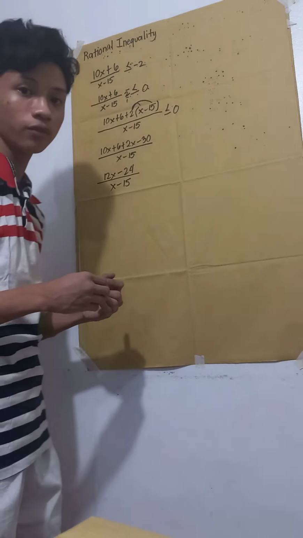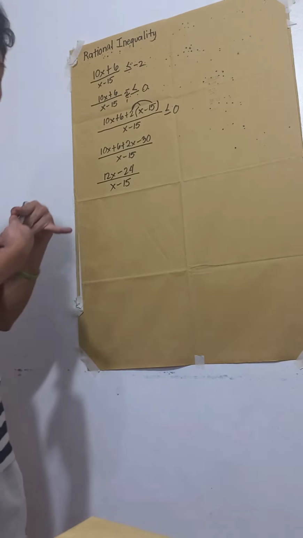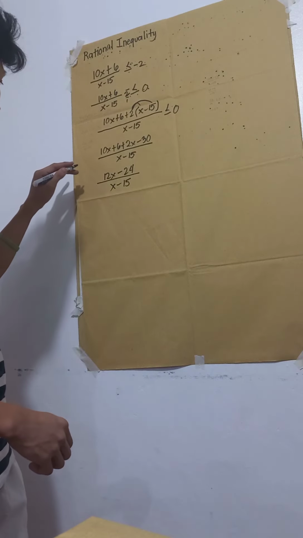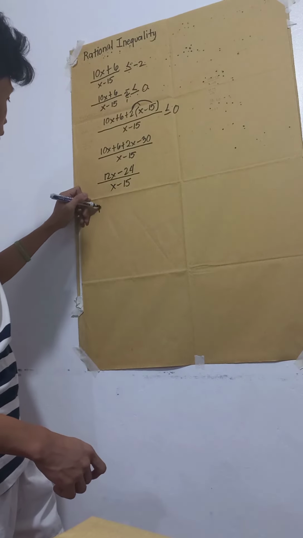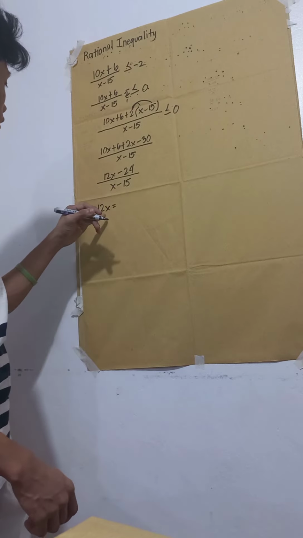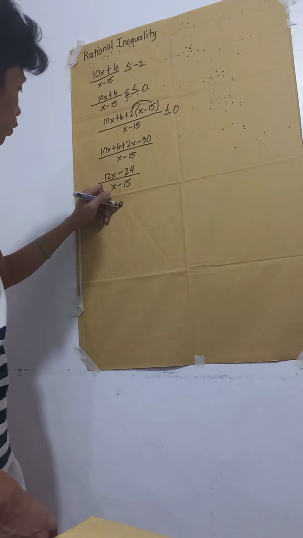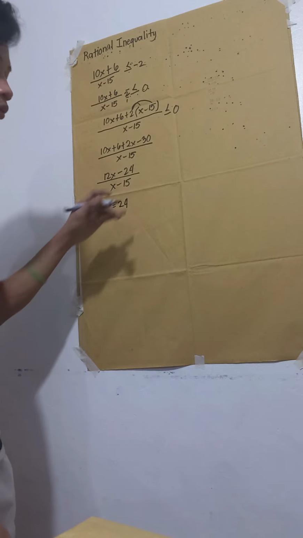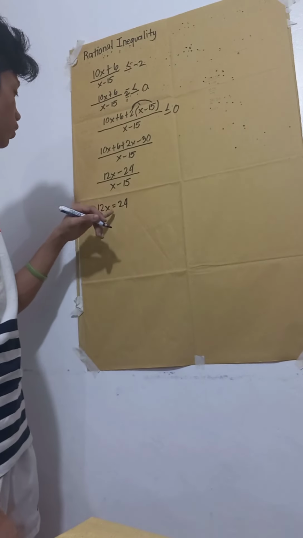We're going to solve for the value of x. First, the numerator: 12x equals positive 24, because we cross the equal sign.